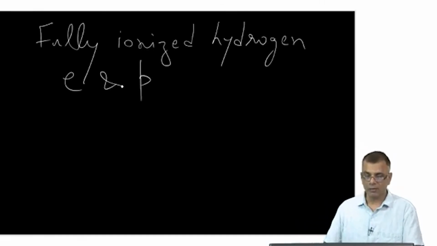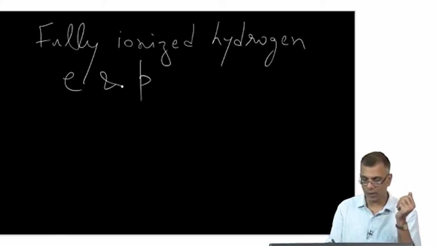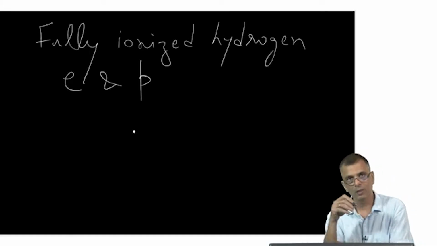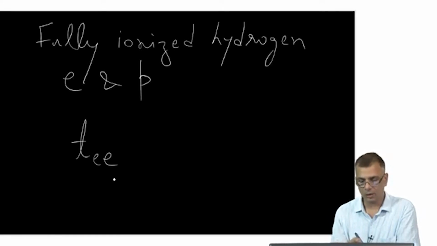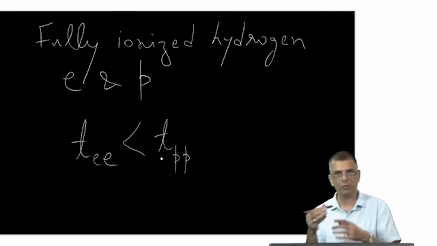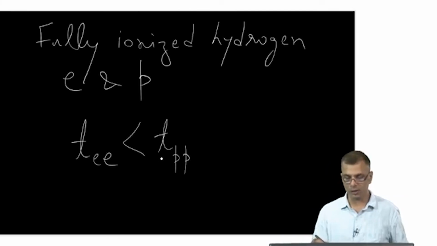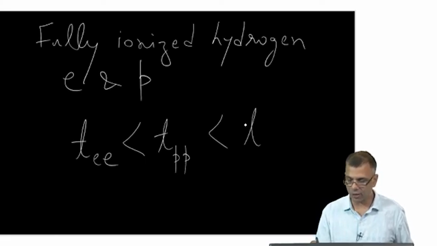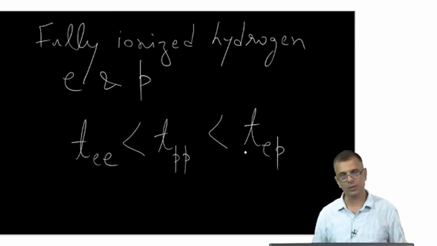Now it turns out that the time scale it takes for electrons and electrons to equilibrate to a Maxwellian distribution via Coulomb collisions is most of the time shorter than the time scale it takes for protons and protons to equilibrate to a Maxwellian distribution, in other words to have a well defined temperature, also via Coulomb collisions, and this in turn is shorter than the time scale it takes for electrons and protons to equilibrate amongst each other via Coulomb collisions.